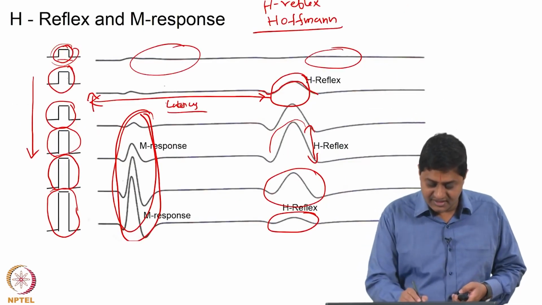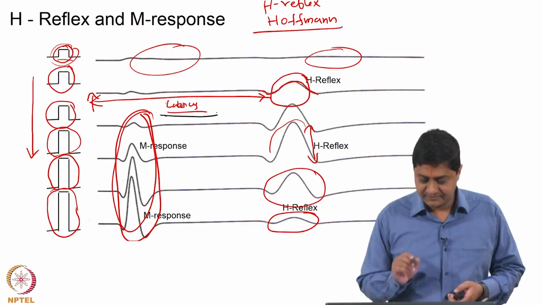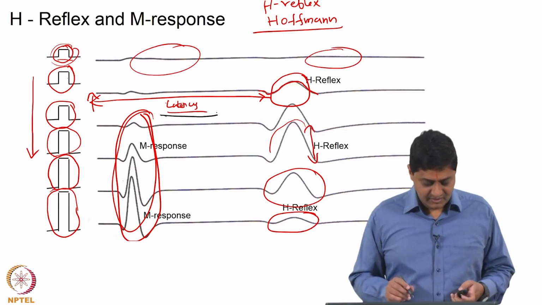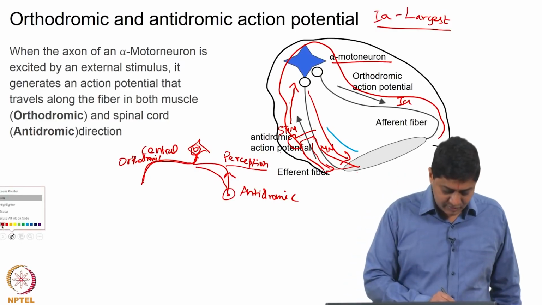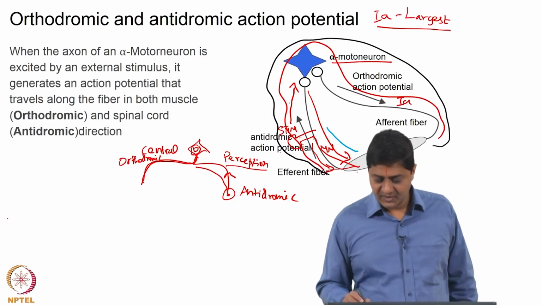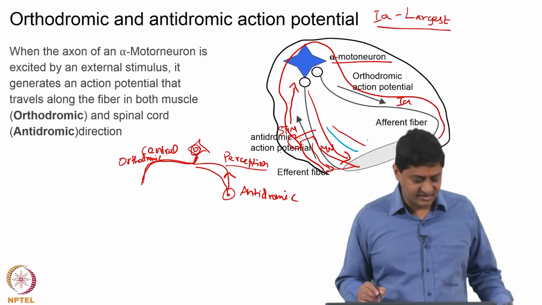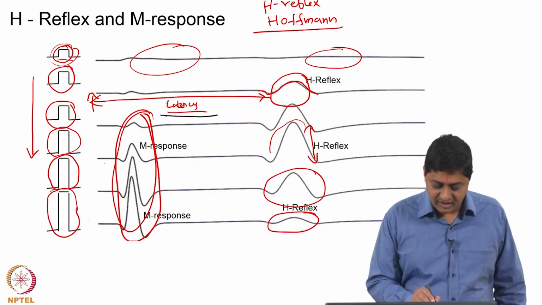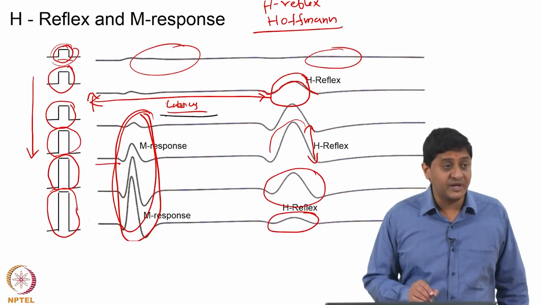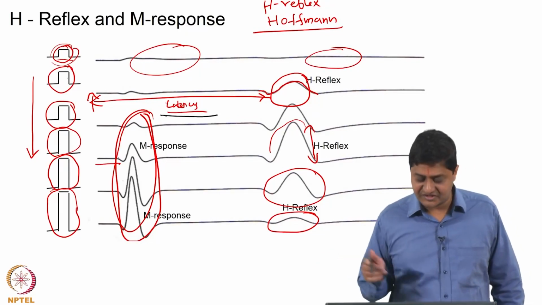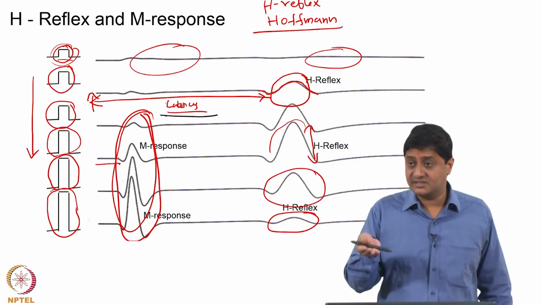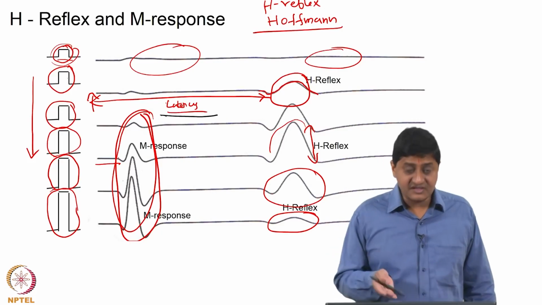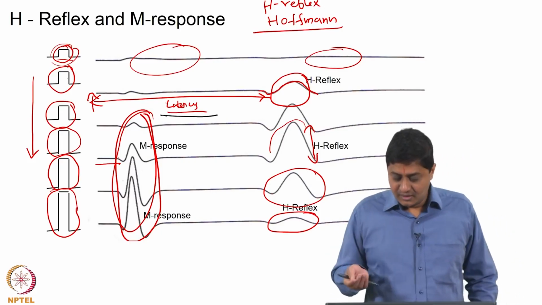Whereas here the blue line is much shorter, so the latency is also much shorter. That is the reason the response arrives pretty quickly in comparison with the H reflex. And as I keep increasing the stimulus, the response size keeps increasing.